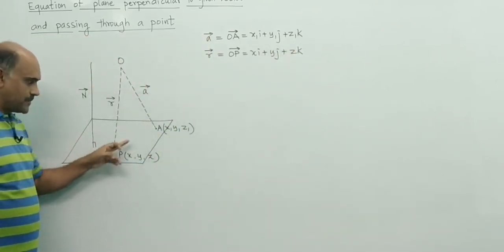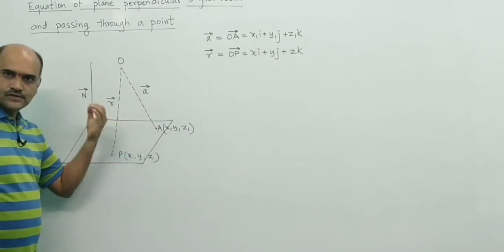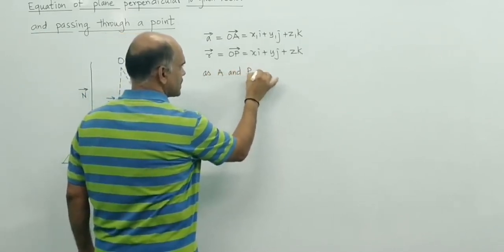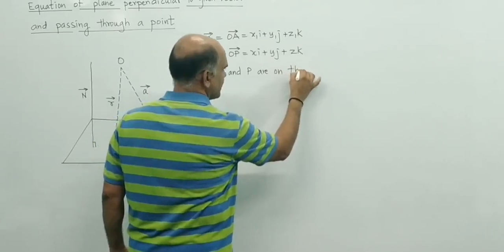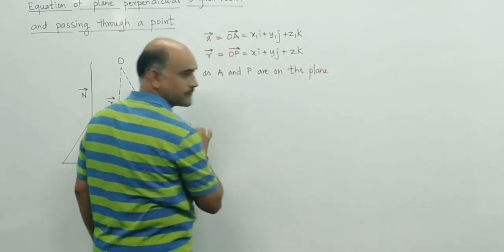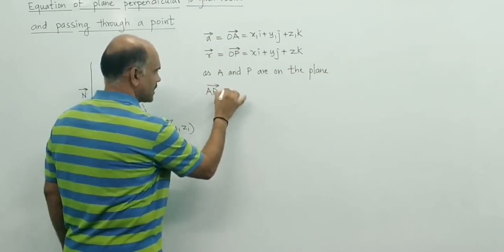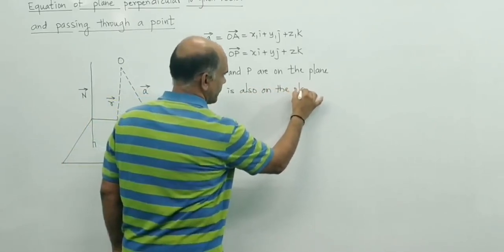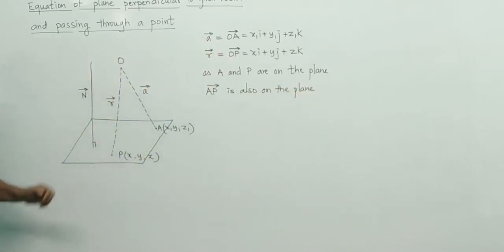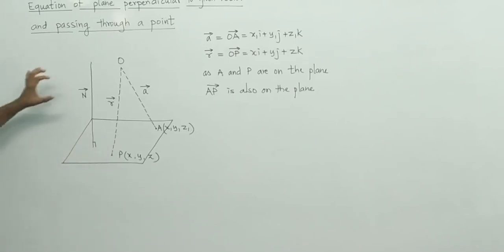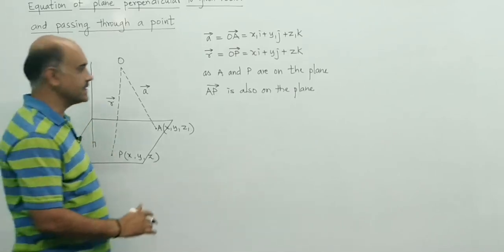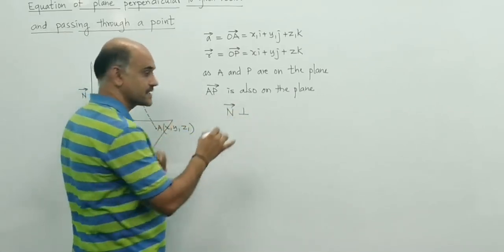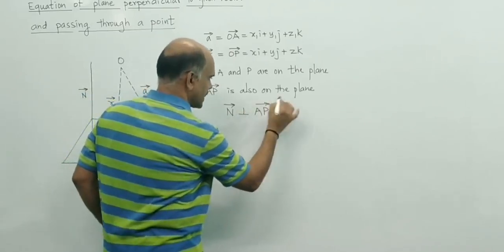Now as A and P are on the plane, vector AP is also on the plane. So n is perpendicular to the plane, which means it is perpendicular to vector AP.